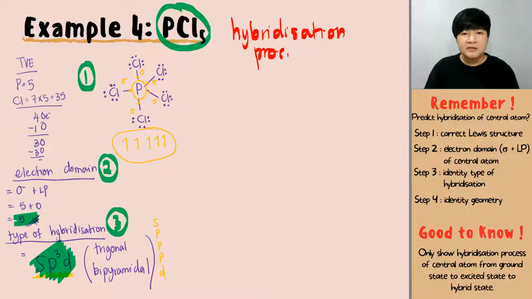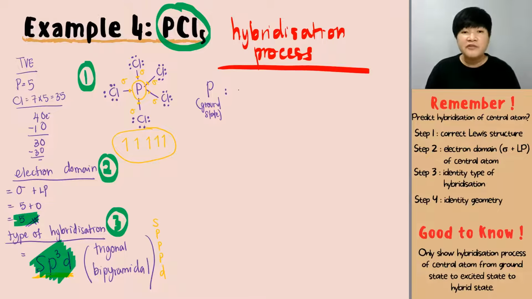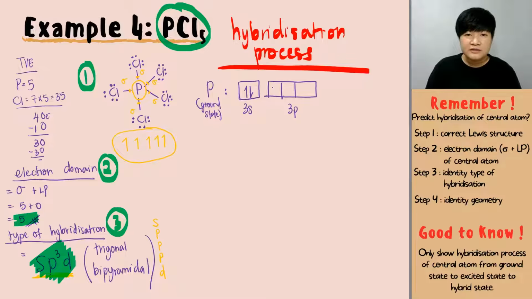And the hybridization process, as always, will start with what? We will start with the phosphorus ground state. And the phosphorus ground state over here has 5 valence electrons, where 3s2 holds 2, and then 3p3 holds 3. So these are the 5 valence electrons phosphorus has.